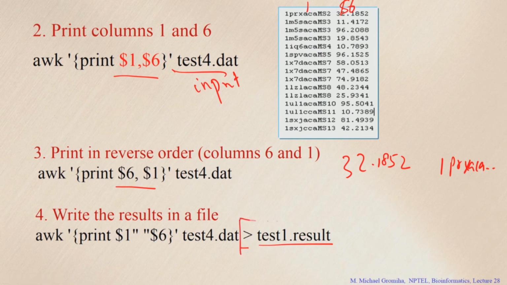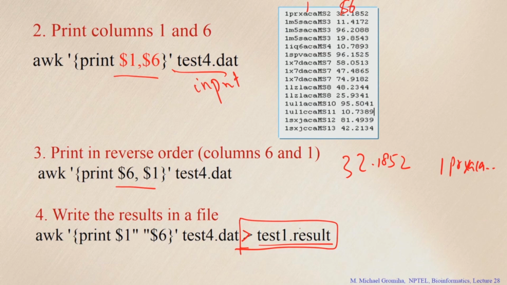This is the extra part we give. This is the same awk print $1, $6, and you need to specify where you want to write. So, you put the greater than symbol, and the output will go to the file you specify, as you can see, test 1 dot result.